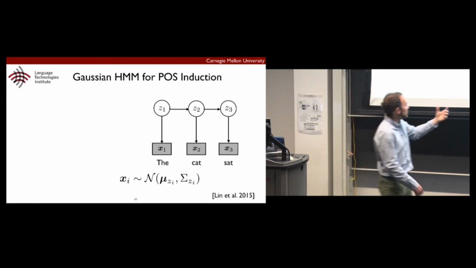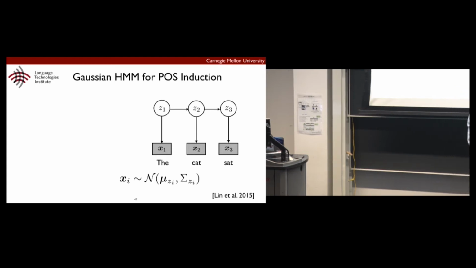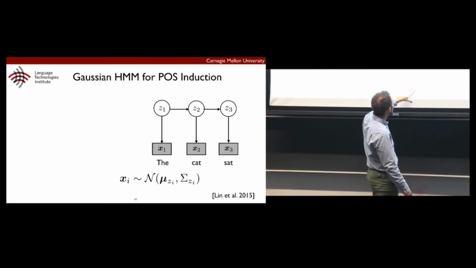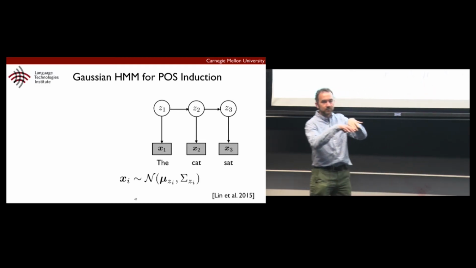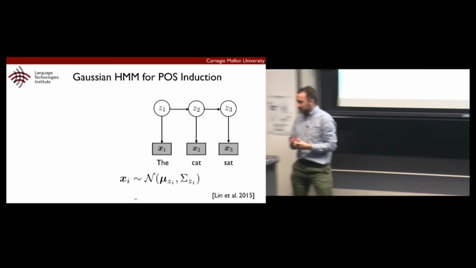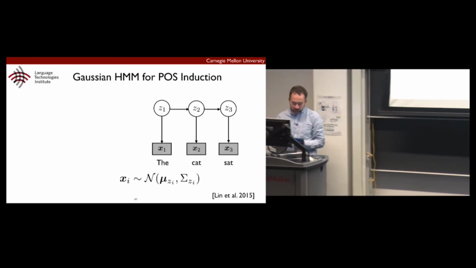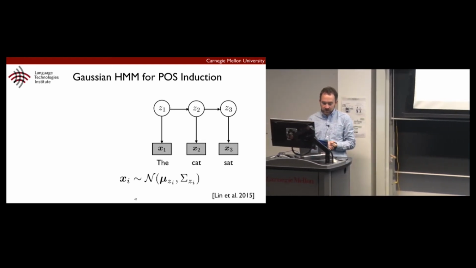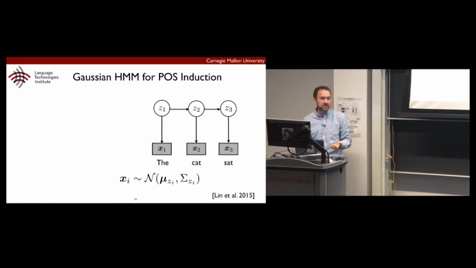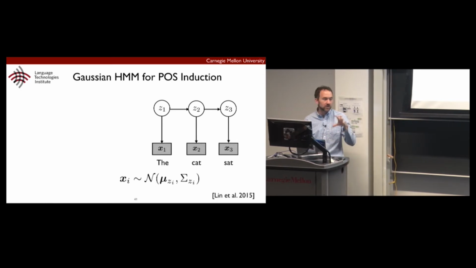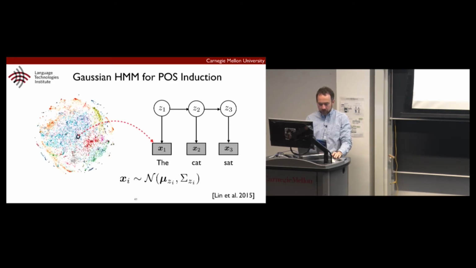So instead of defining a multinomial distribution over all of the words in your vocabulary, you define a Gaussian distribution over the word embedding space. The advantage of this is word embeddings with similar part-of-speech tags or similar characteristics will tend to cluster in the word embedding space, and this will make it easier to learn.